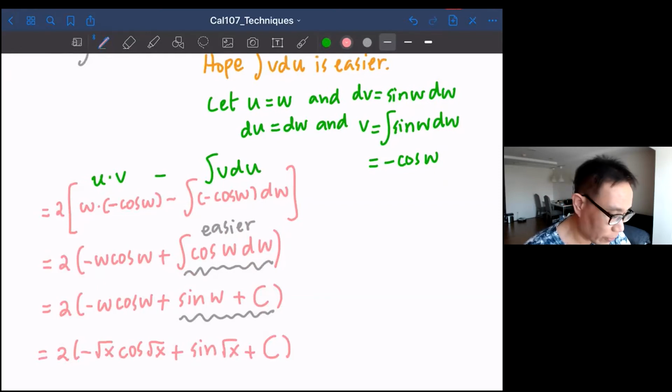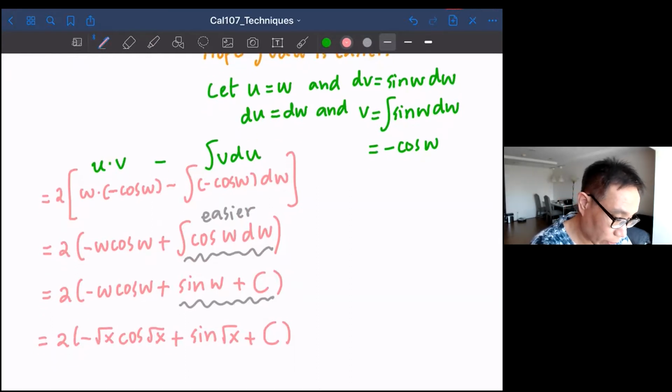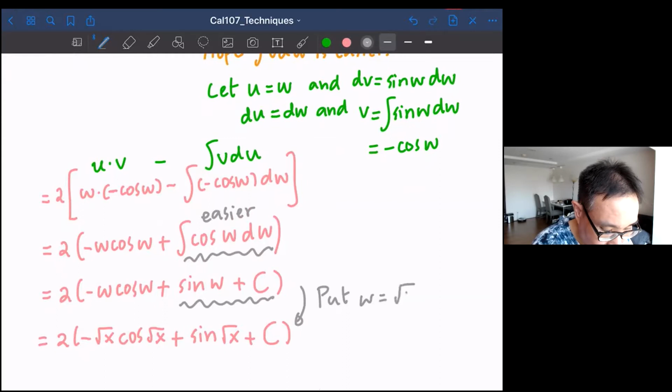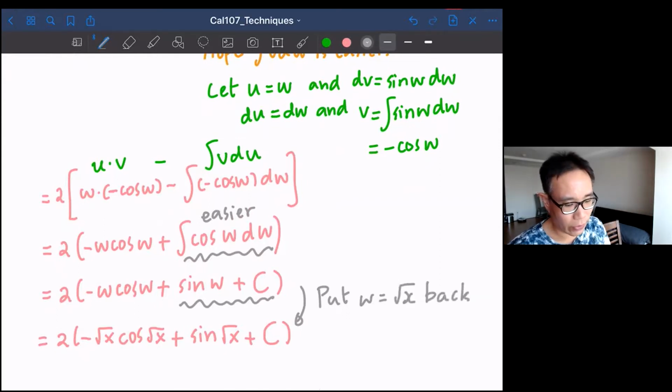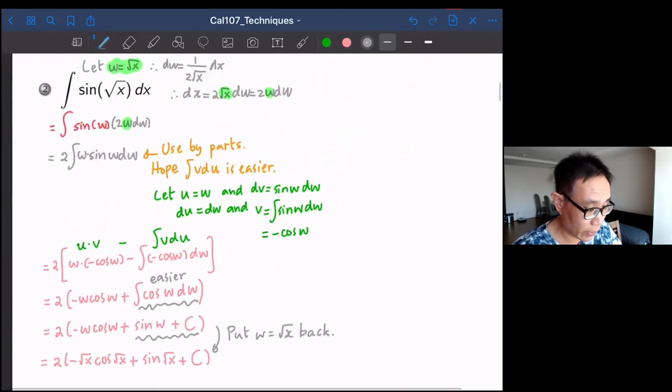I hope this one is correct. For this one, you put w equal to square root x back. This is how we obtain the final answer.